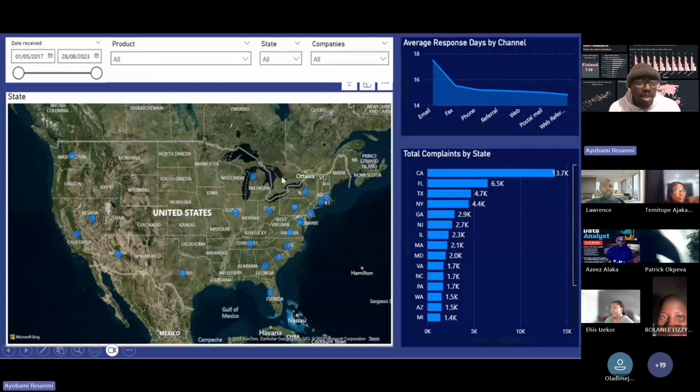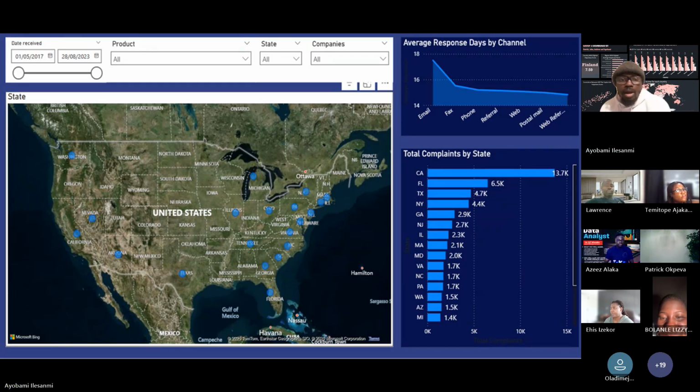And this is my next slide. These are the states where the companies are.